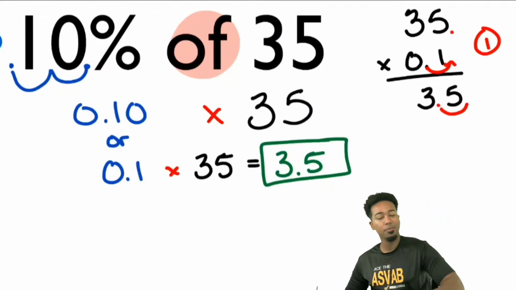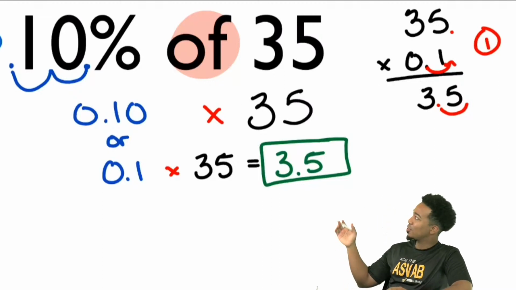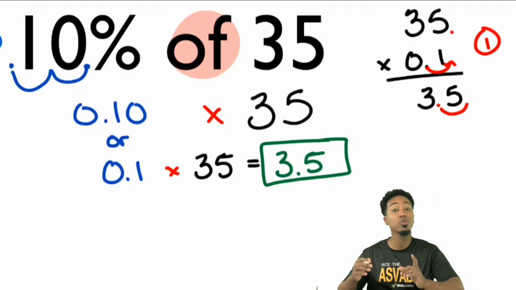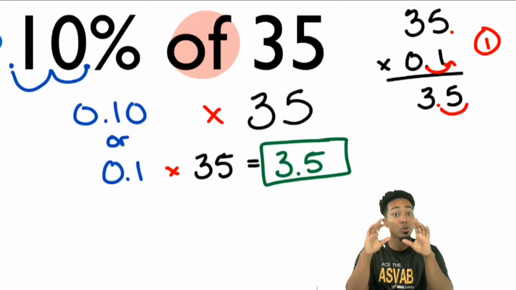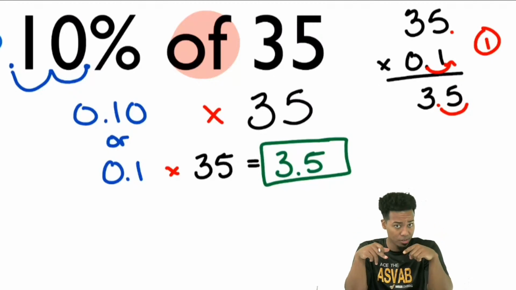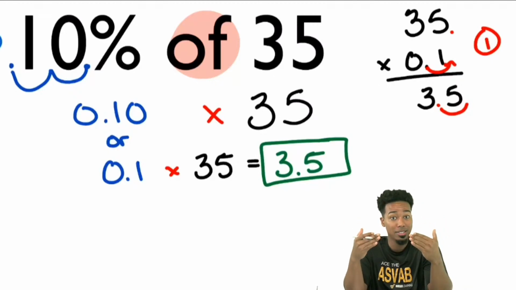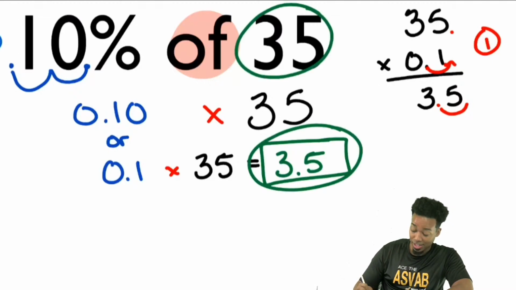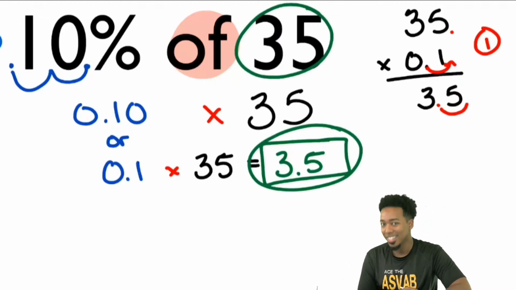You notice anything here? I want you to start noticing that if you're looking at 10% of any number, that's the same as dividing by 10 because remember, the original is 100. The original number is 100%. So I'm going from 100 and only doing 10% of that. That's dividing by 10. And guess what? 35 divided by 10 is 3.5. It is.